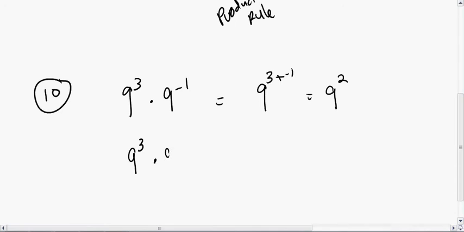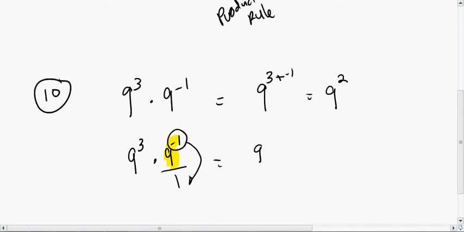So 9 cubed times 9 to the negative 1. Here I've got a negative exponent, right? So I can put a 1 down on the denominator, and then I'm going to move, not just the negative 1, I'm going to move this whole thing, the 9 to the negative 1, down into the denominator.